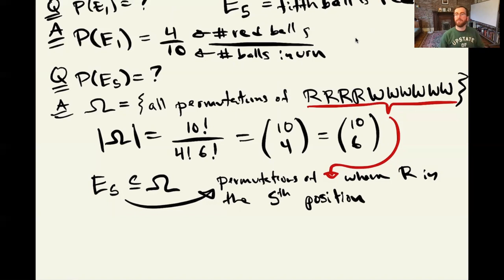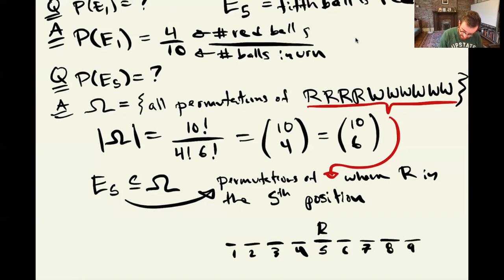How do we compute that? Well, all we're doing is, again, we've got 1, 2, 3, 4, red in my 5th position, that's 5, 6, 7, 8, 9, 10. So we have another ordered sequence of possible draws, which corresponds to, all right, well, I've got now 9 remaining balls.